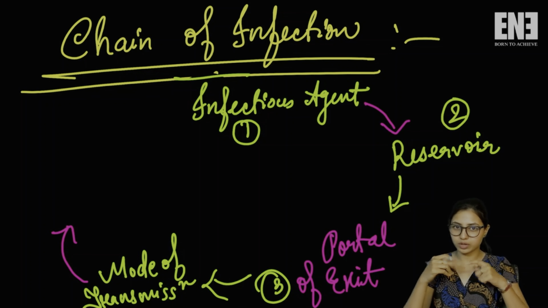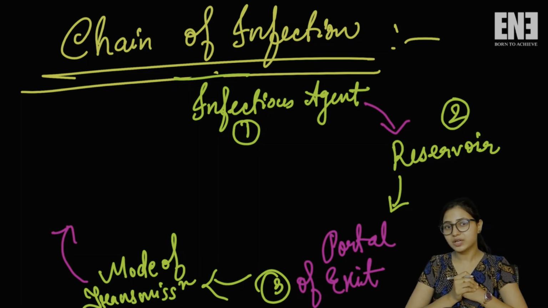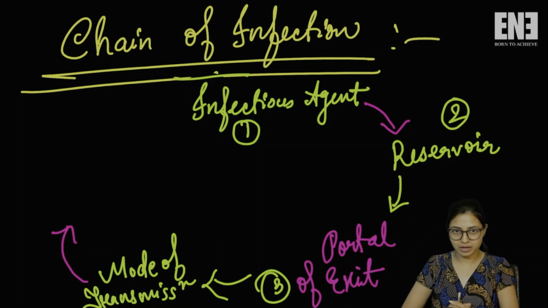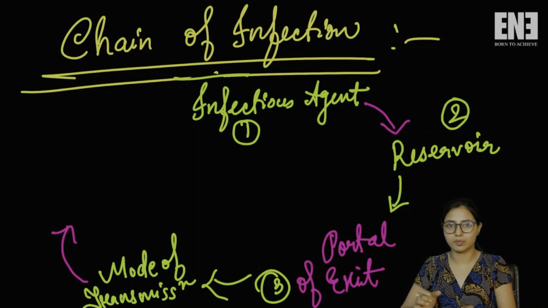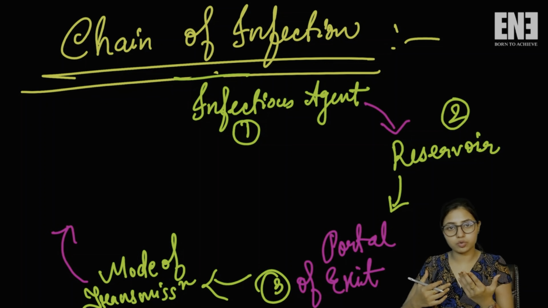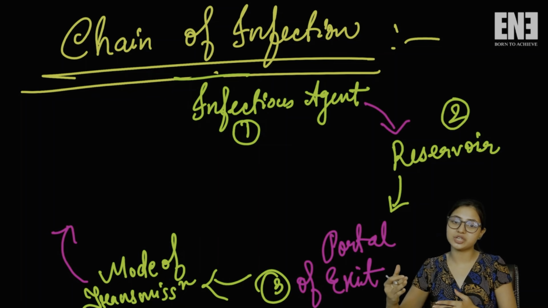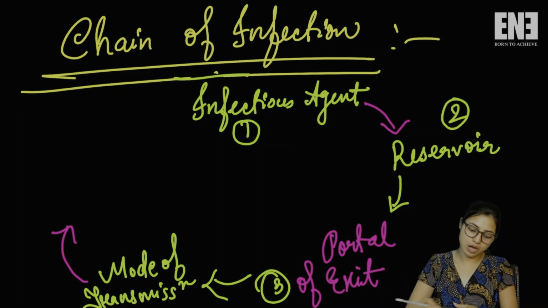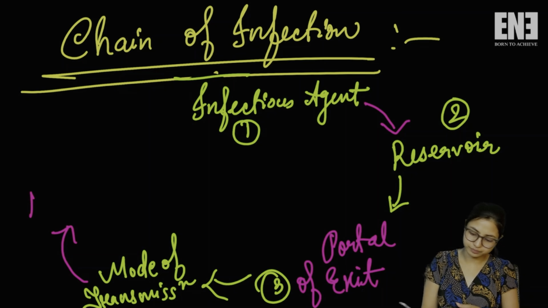I have got my mode, the air or the water, contaminated water or droplet, it serves as the mode. For example, the person sitting in front of me, if you have worn a mask, this agent will not get entry into your body, it won't be able to get in. But for example, you have not taken precautions, you have not worn a mask, and you have not held a handkerchief, so through your nasal tract or through your mouth, through your nose and through your mouth, the infectious agent will get its entry. So now it is the portal of entry.